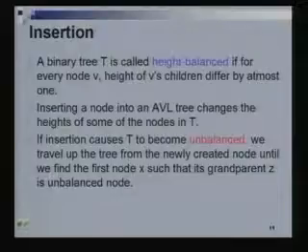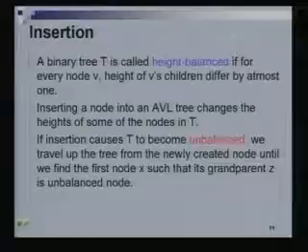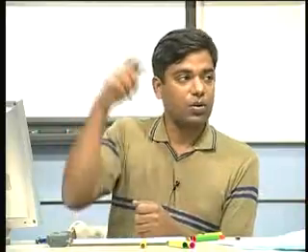When I insert, the first step of insertion would be the same as we did in the case of a binary search tree. How did we insert in a binary search tree? Can someone tell me? First you find the position. How do you find the position? Well, you just search for that element that you are trying to insert. That will tell you where the position is, and you just put the node there.